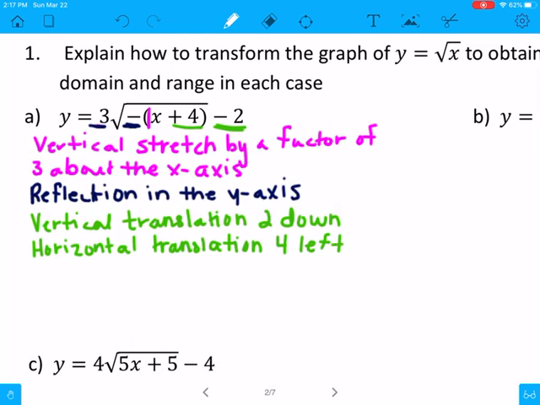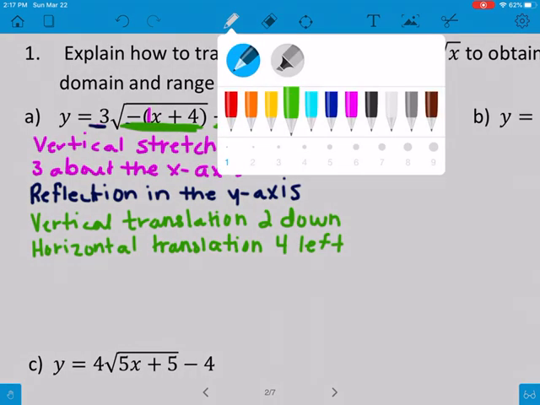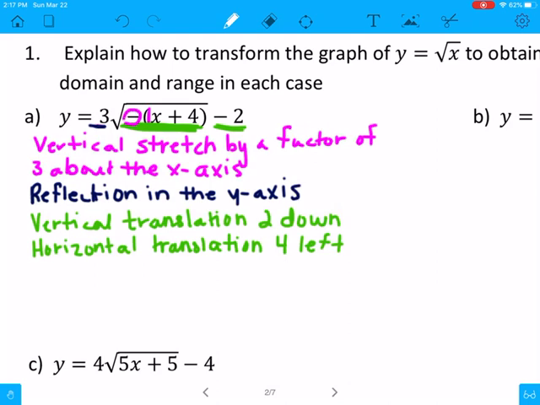Now what I was saying on the first page is your domain is affected by anything in here, right? And remember, stretches don't affect your domain. Your domain of the original square root x function is greater than or equal to 0. This graph has been flipped in the y-axis, so it's been reflected in the y-axis. So now my domain is less than or equal to, and it's been moved 4 to the left.